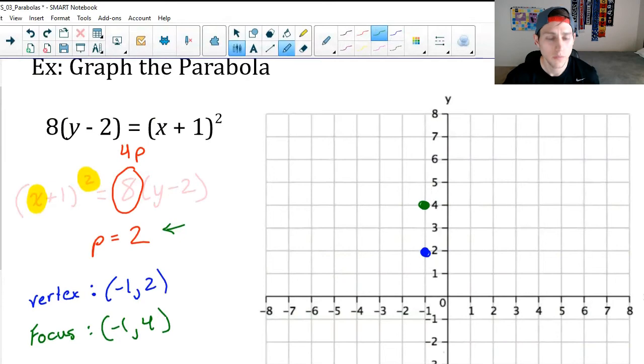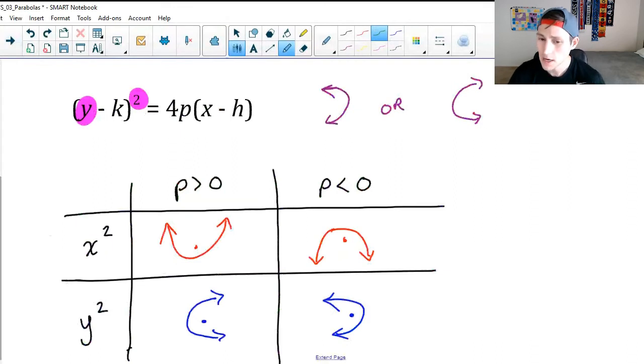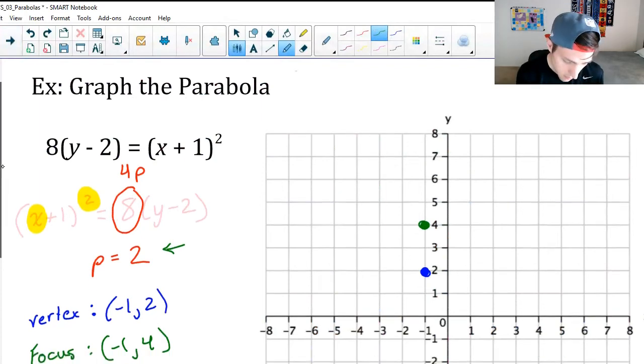Remember, if I look back at my pictures, the focus is always on the inside of the curve. The parabola opens around the focus. Since my parabola should be opening up, my focus should be up in the middle of that.